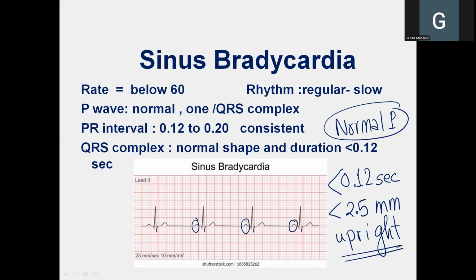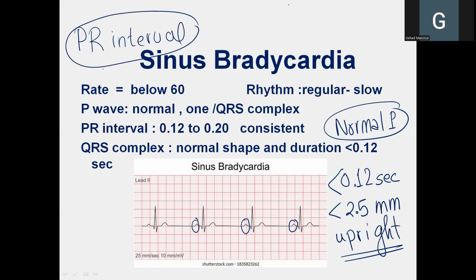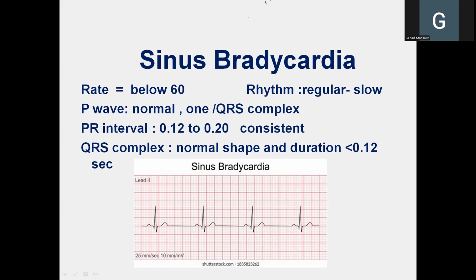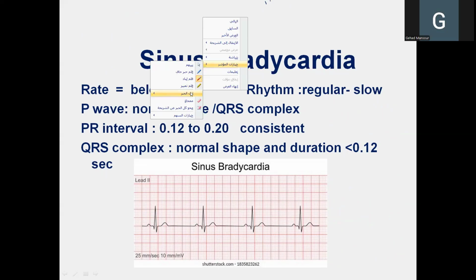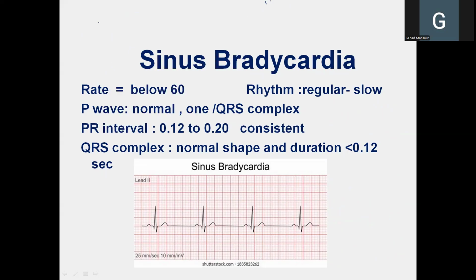Another thing that proves that this is sinus bradycardia and not AV nodal rhythm is the PR interval. The PR interval normally should lie between 0.12 and 0.2 seconds in normal cases.